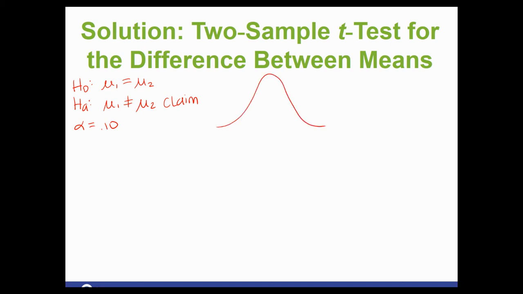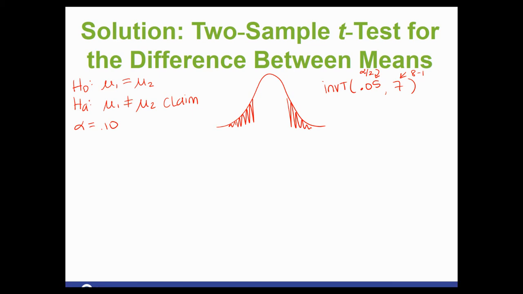Now we can make our sketch. HA is telling us that we have a two-tail because of the not equal symbol. So inverse T, we're going to plug in half of alpha because it's two-tailed. And then our degrees of freedom is the smaller of our two sample sizes. So we had an 8 and an 18. 8 was smaller. So this is coming from 8 minus 1.